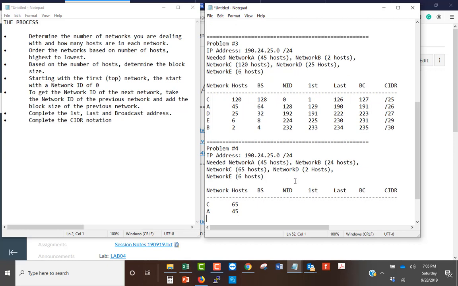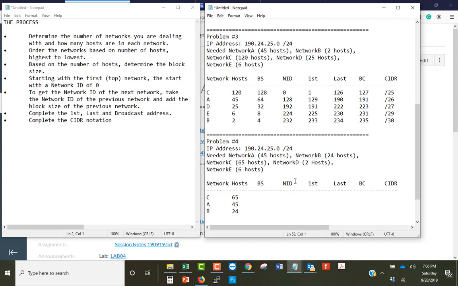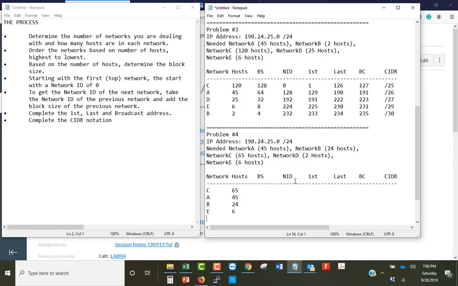Then we've got B with 24. Then I've got E at 6 and D at 2. So we've got 5 networks all together, with the respective hosts.